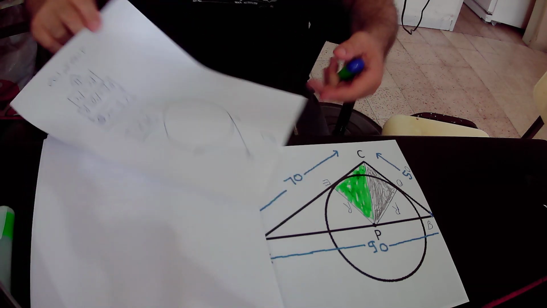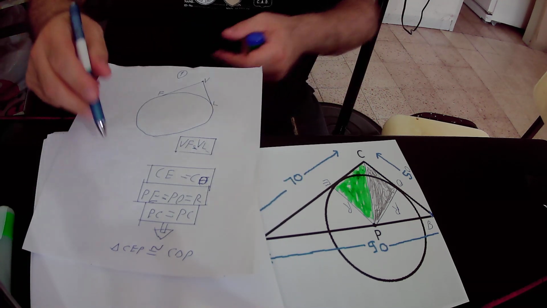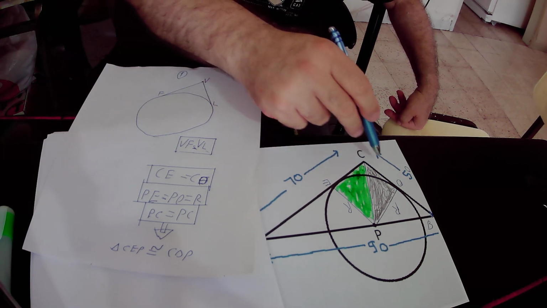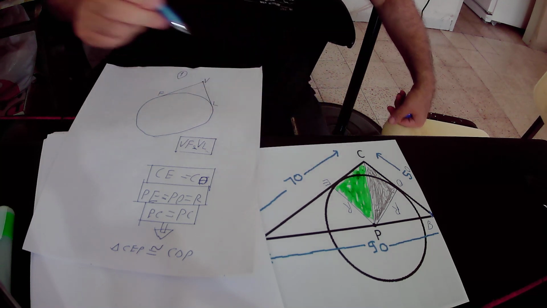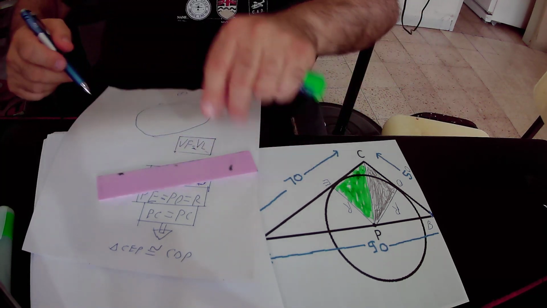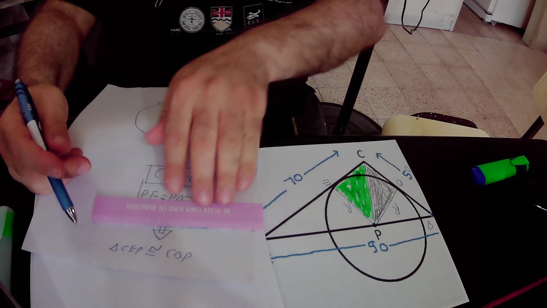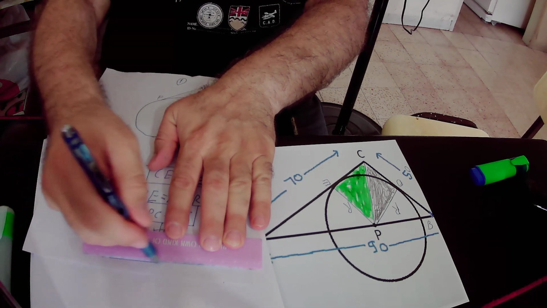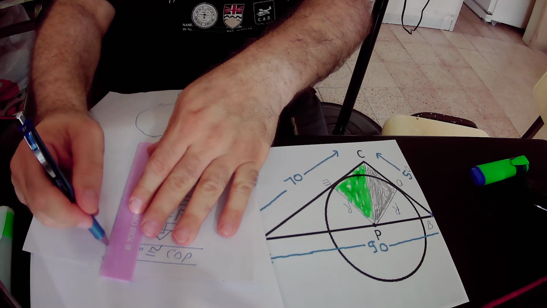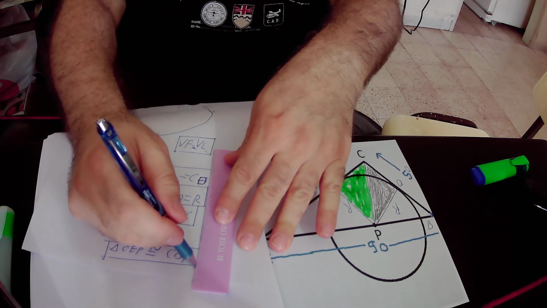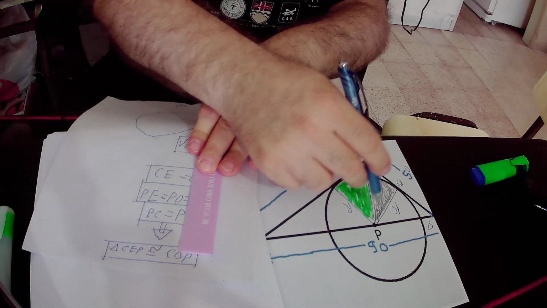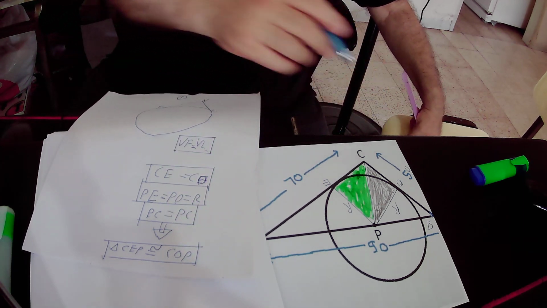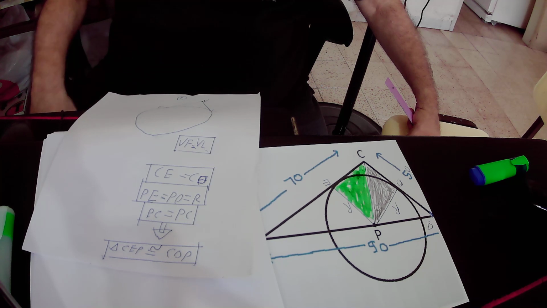Okay, triangle CEP congruent to triangle COP. Or triangle CEP overlaps triangle COP, the green triangle congruent to the black triangle. Okay?